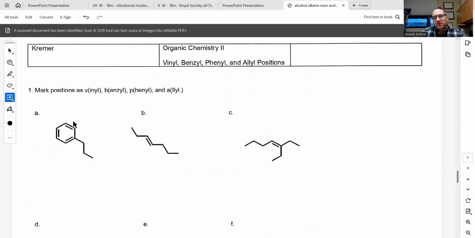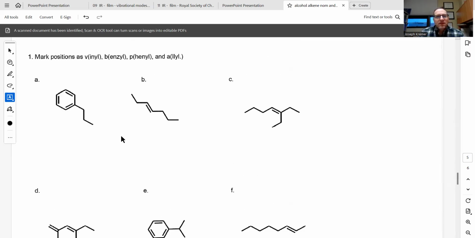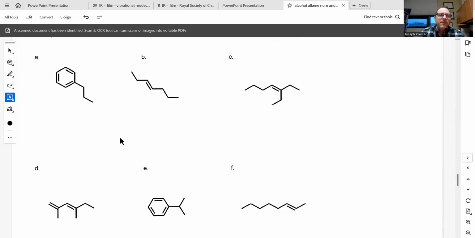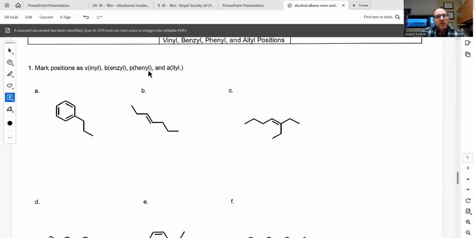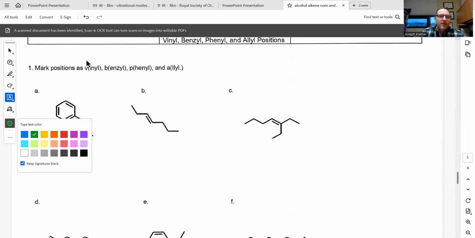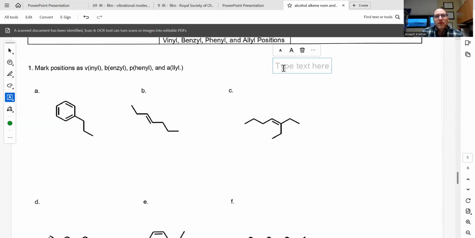So here's something we can do, which is helpful. We're going to be marking V for vinyl positions, B for benzyl positions, P for phenyl positions, and A for allyl positions. So vinyl is resting right on a double bond.